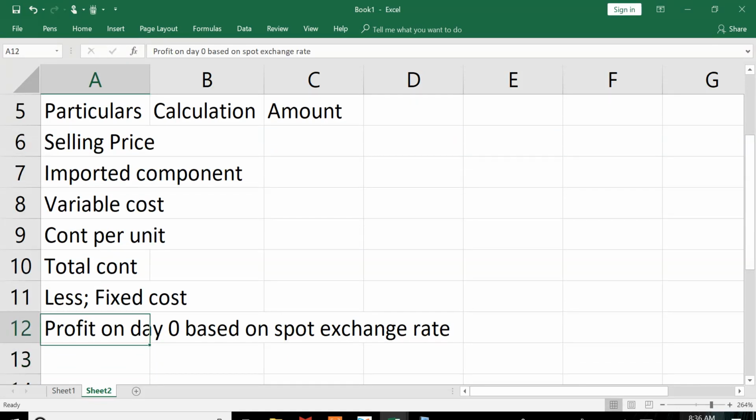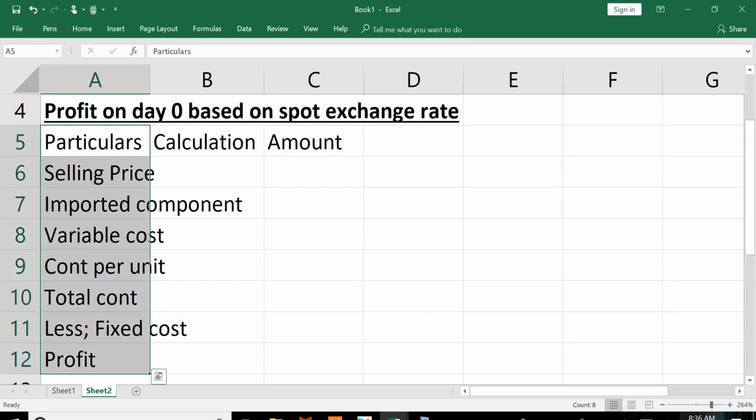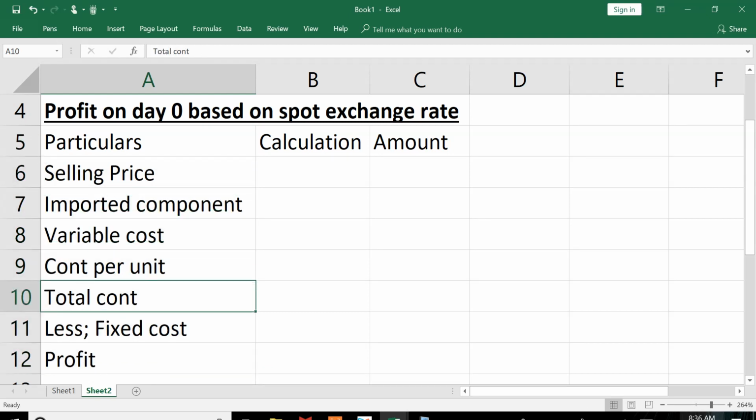You know the number of units data and all is there. So try to fill this based on the spot data. Try doing this. I'll explain in case you're stuck.